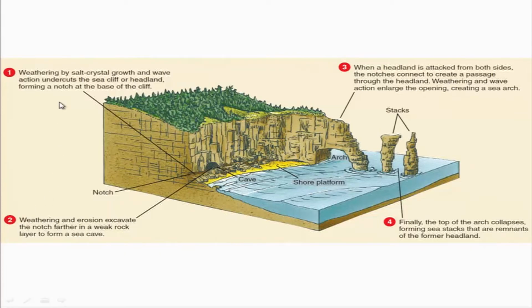So if you see one by one, what you have here is weathering by salt crystal growth, and wave action undercuts the sea cliffs or headlands, forming notches. These are the typical sea notches, and such notches can also be formed by wave action. This we will see in the coming slides.